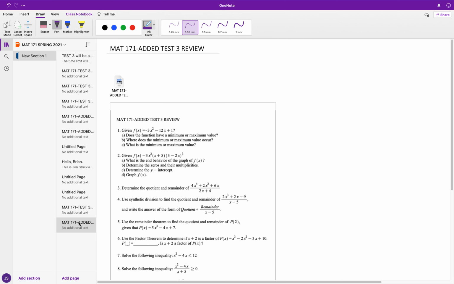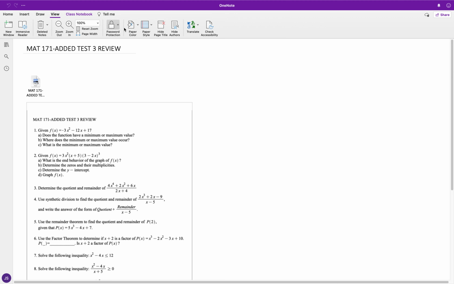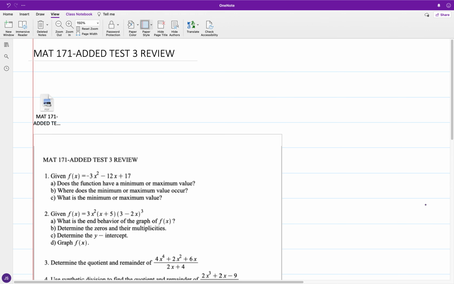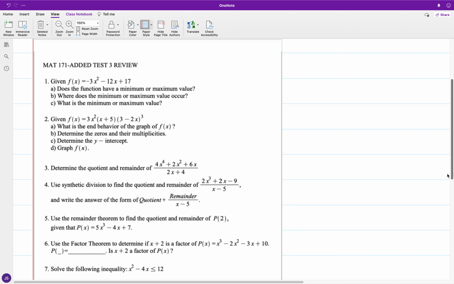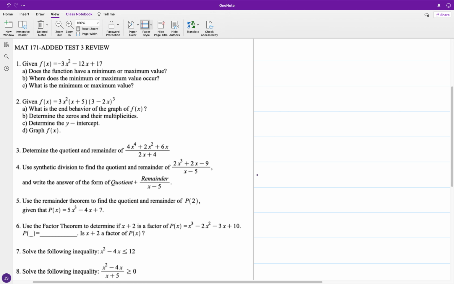Now, looking ahead, we have the added test review items, and I sent that out the other day, going back to quadratic functions. In the case of item 1, it's asking, does the function have a minimum or maximum value?